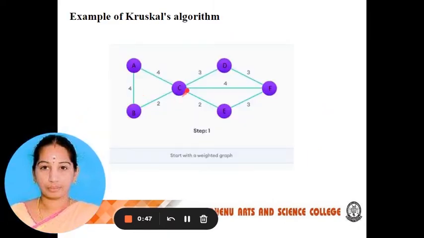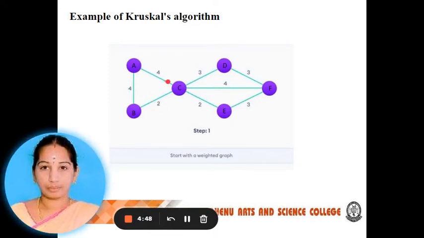Here A, B, C, D, E, F are the vertices, and these blue lines are edges, and 4, 4, 2, 3, 2 are the weightage values. With the help of this graph, we need to apply Kruskal's algorithm. In step 1, we calculate the number of edges.